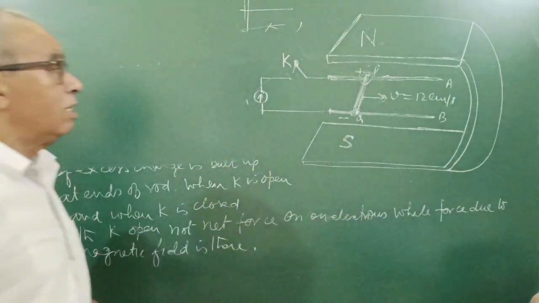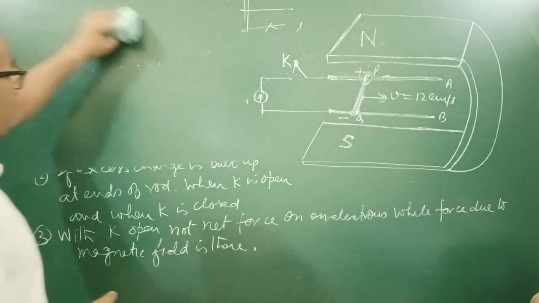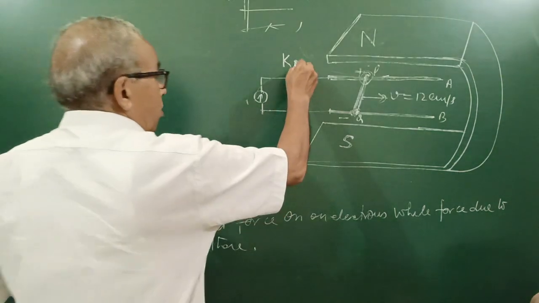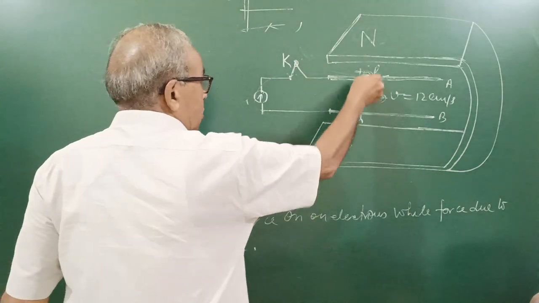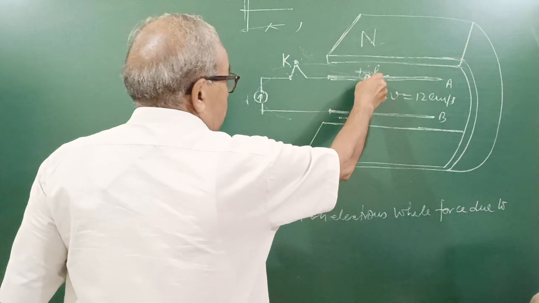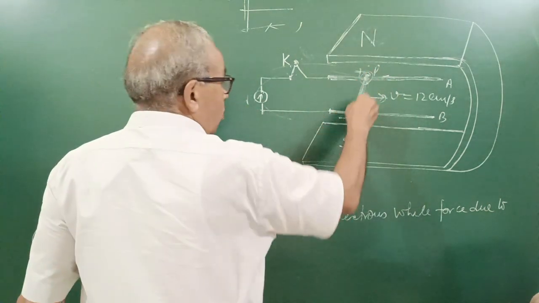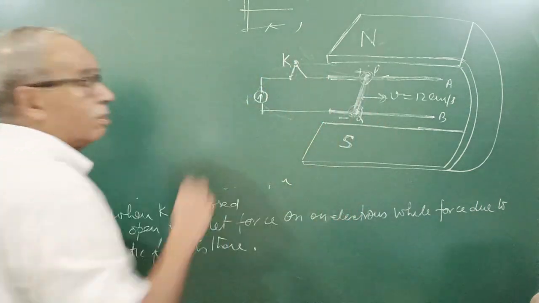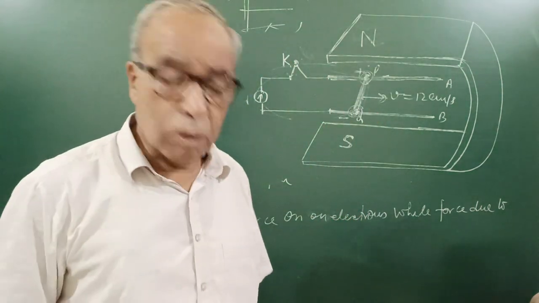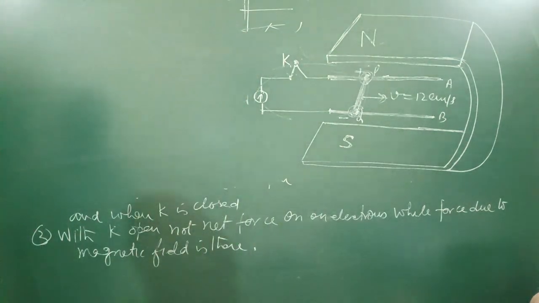In both cases, excess charge will be there, whether K is open or K closed. When we close the key, electrons start flowing this way and current goes this way, and more electrons keep coming, so this excess charge will be there in both cases, whether K is open or closed. Please, this is an important question.